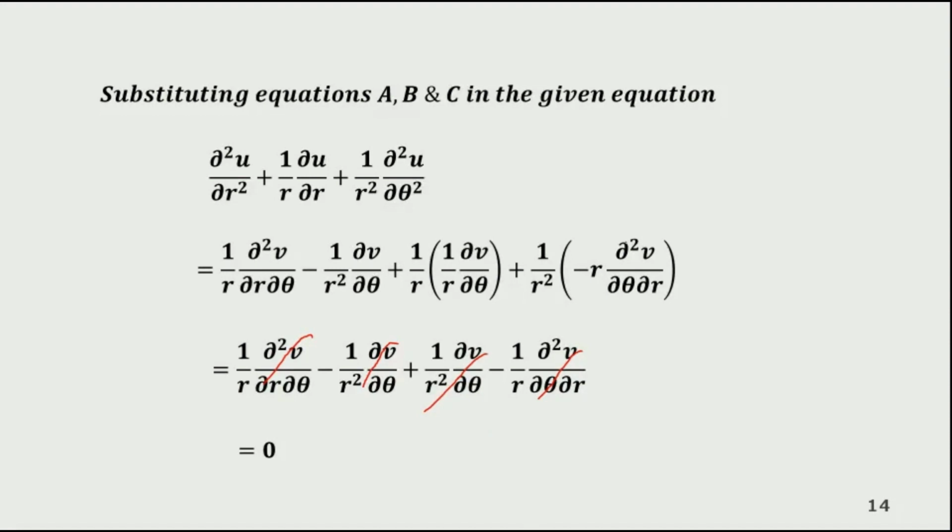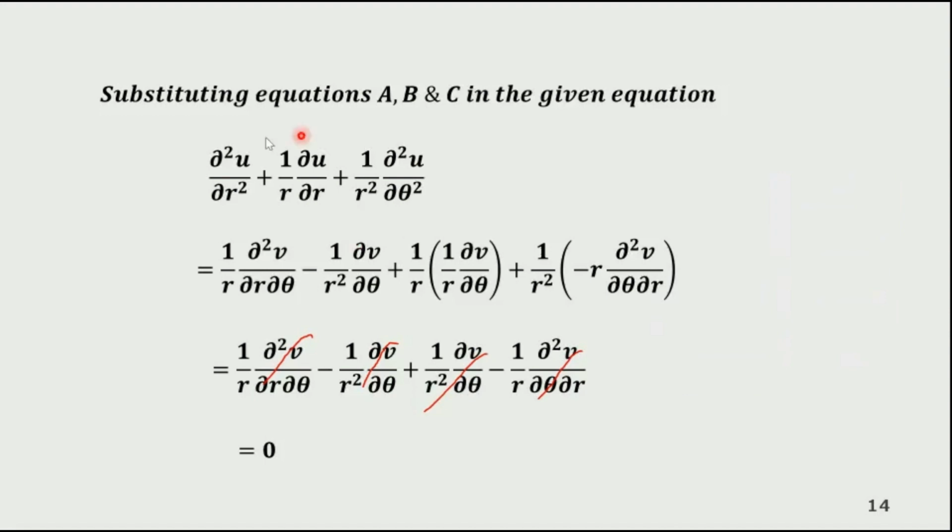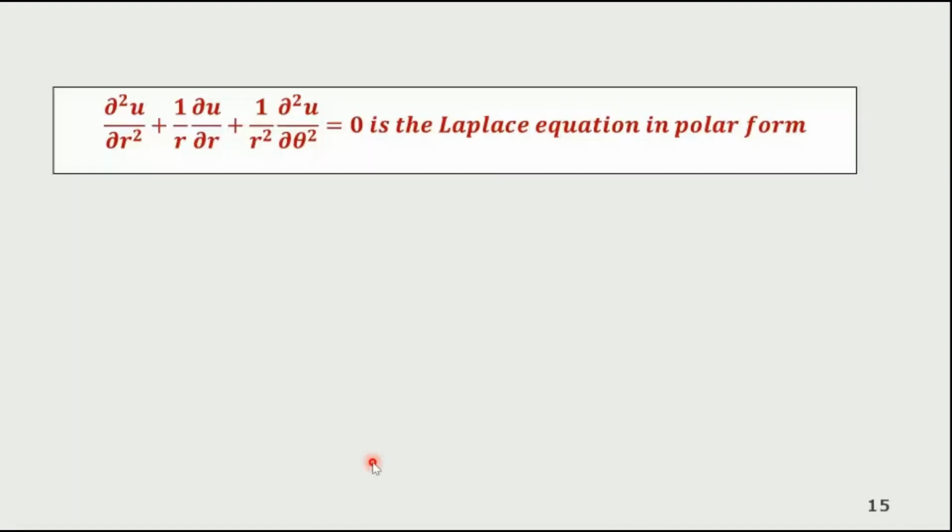Okay, so this equation is called the Laplace equation in polar form. Whatever we have proved equal to 0, this equation is called the Laplace equation in polar form.